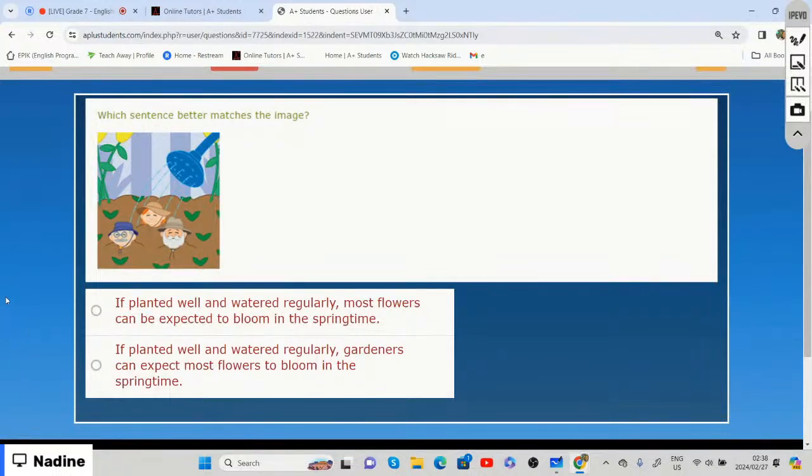So we need to choose the correct sentence that better matches the image.